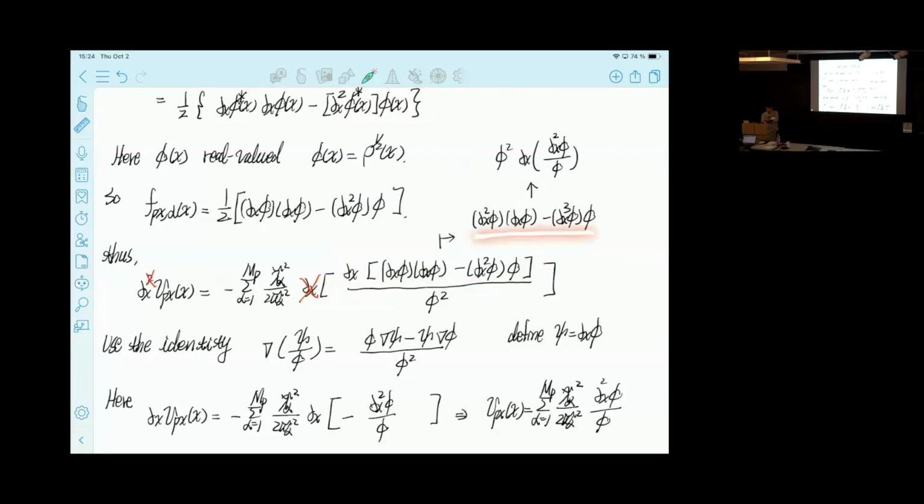This one you have to use a vector calculus identity, shown below. Then I multiply this phi square to the other side, and this phi is this one. Sorry, there's a typo here.